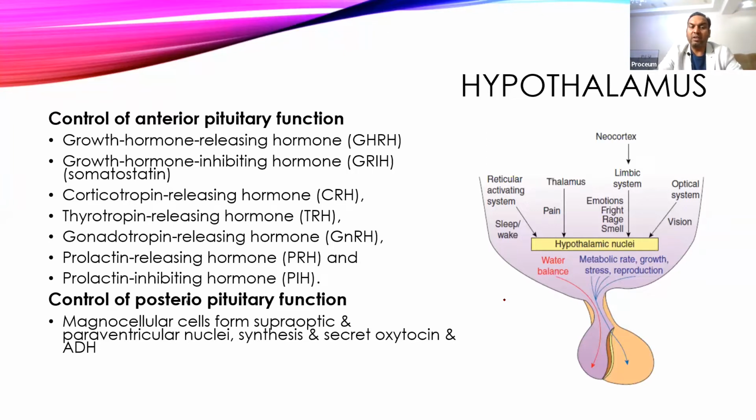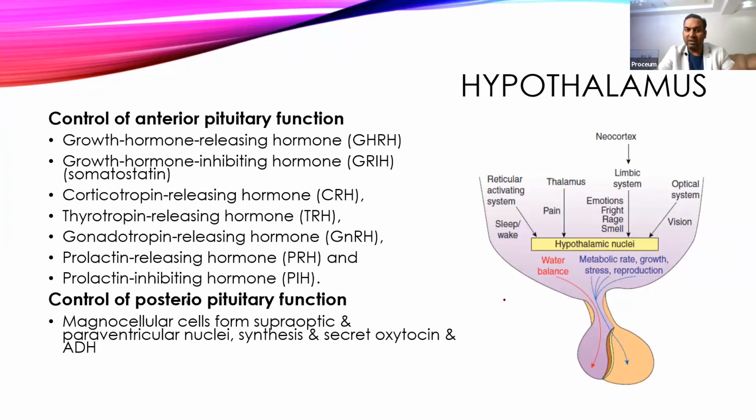Then gonadotropin releasing hormone promotes the release of FSH and LH. Then prolactin releasing hormone, which acts directly on the pituitary gland and increases prolactin release, or prolactin inhibiting hormone, which will decrease the release of prolactin. So these are counter to each other.